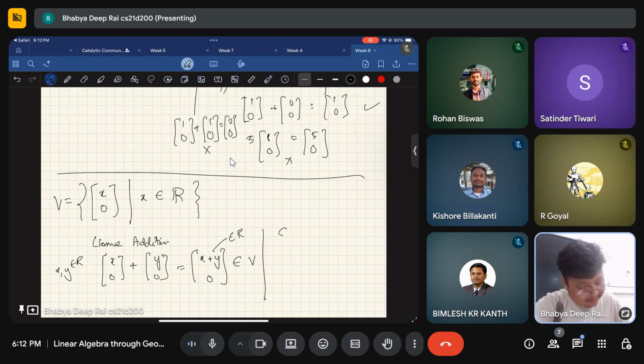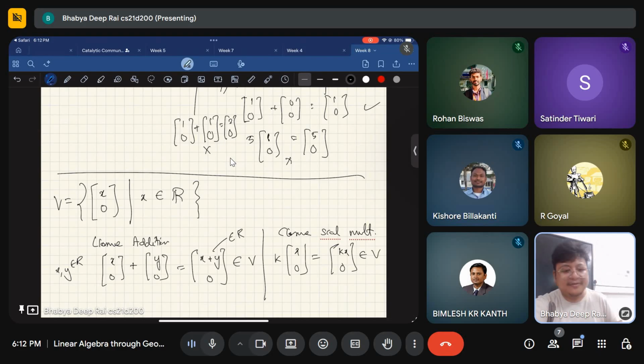What about closure under scalar multiplication? If I do (x, 0) times k, where k is a real number, then (kx, 0) is also a real number. So this also belongs to the vector space. It's closed under scalar multiplication. Good. So finally, I need to say that there exists a null vector, which when I add to it, I get the same vector back.